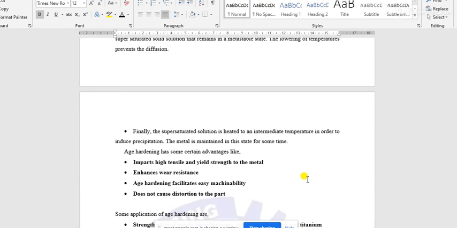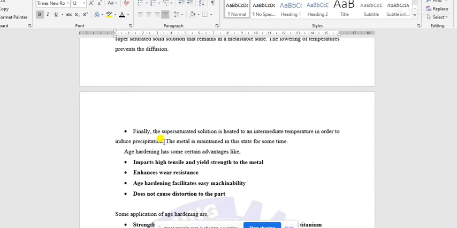By heating the solution at some intermediate temperature, precipitation of those atoms occurs, and by that we can get the atoms or the metal back in the solution in some solid form.